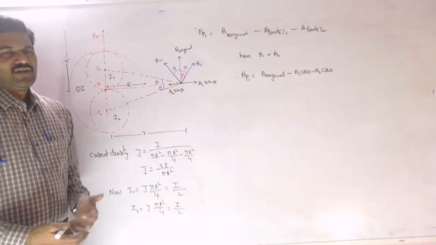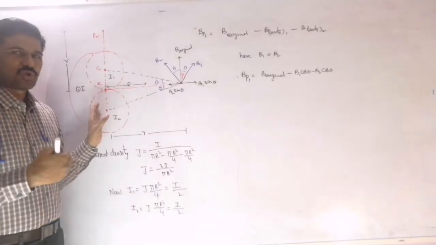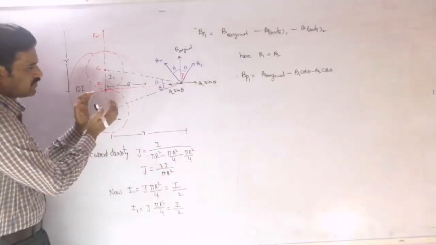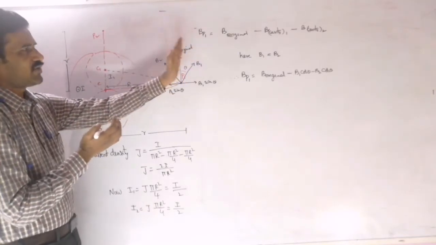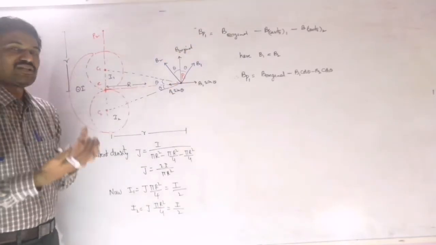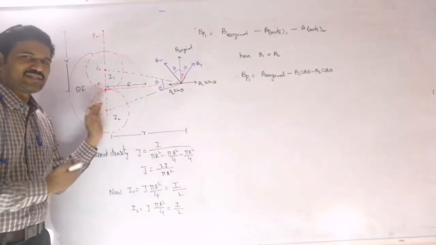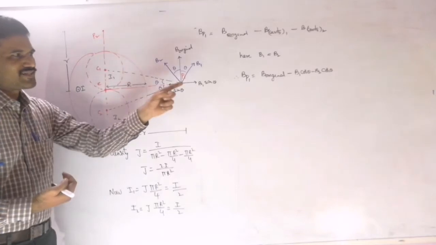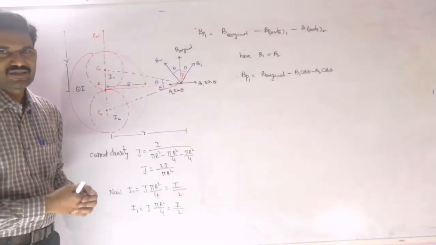That means if this cavity is not there, this part of the current would produce a magnetic field along this direction, so its component would be added to the original if it is present. But as this part of the solid conductor is not there, we are subtracting the corresponding component, B1 cos theta. Is it clear?